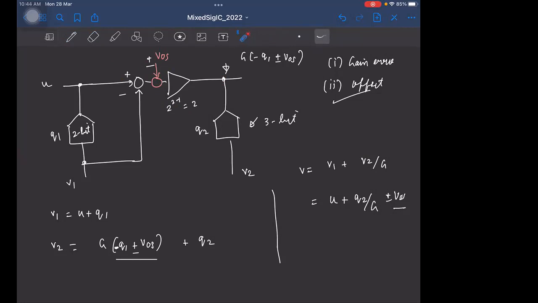Although we have chosen a gain to be less than 2, we need to make sure that this offset is not so high that the input here exceeds plus or minus VREF. So that's the only thing we need to take care of here. So the amplifier offset here just acts as an offset to the overall ADC, and in many cases this might be okay. The only thing that needs to be taken care of is making sure that the offset is not so high that it saturates the succeeding ADC.